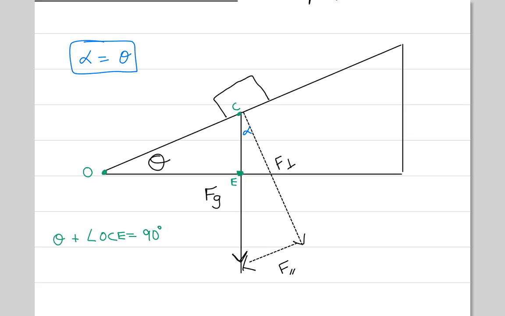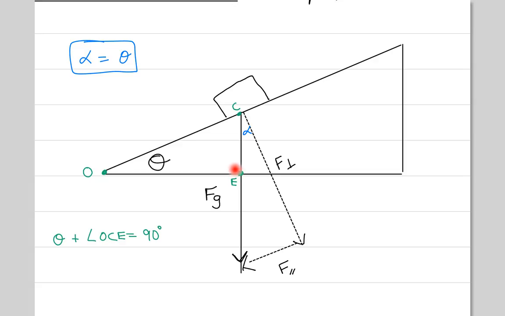And that's just from the interior angle sum of a triangle. So this angle and this angle and this angle make 180.